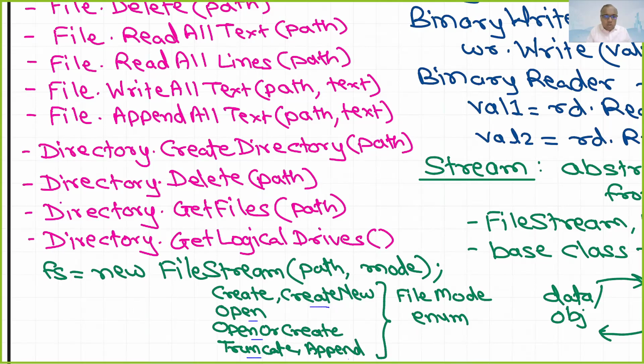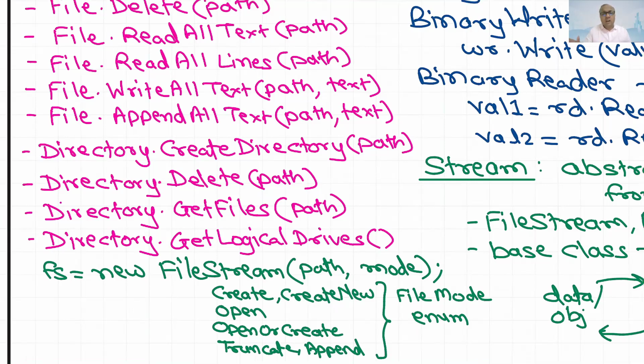And then there is an option called Append. Append means the file is open for writing, and whatever you write will be appended to the file, meaning it will be written at the end of the file. If you know any other programming language, you will find that such modes are available in every programming language as far as file IO is concerned.